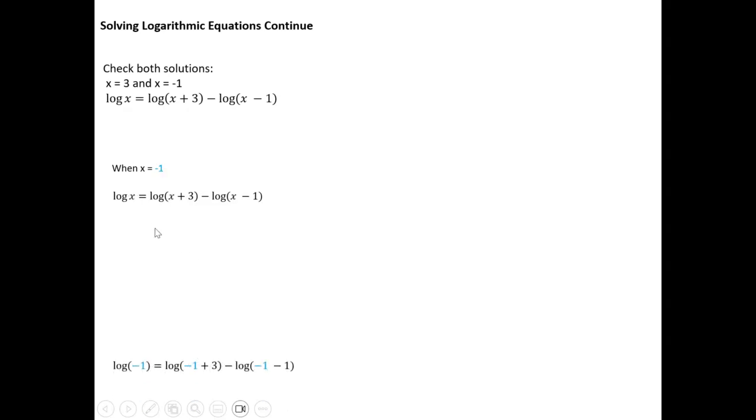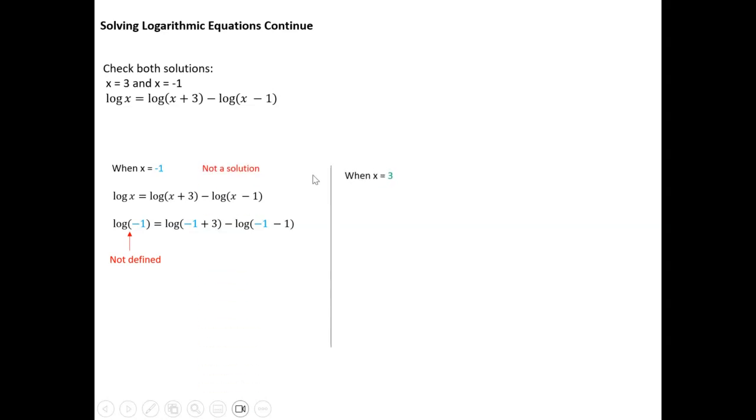You see, we plug in negative 1 there. If you put it in the calculator, log of negative 1 is going to be undefined or error. That means the logs cannot be negative. Now if we plug in 3, let's check our work. It's going to give us log of 6 minus log of 2.